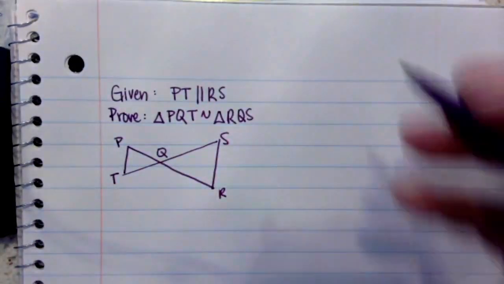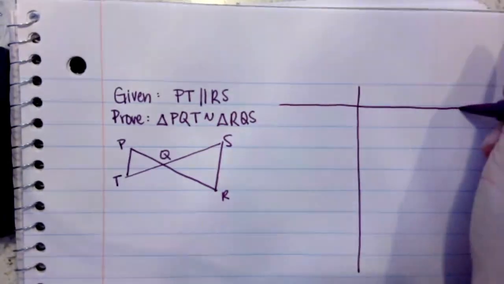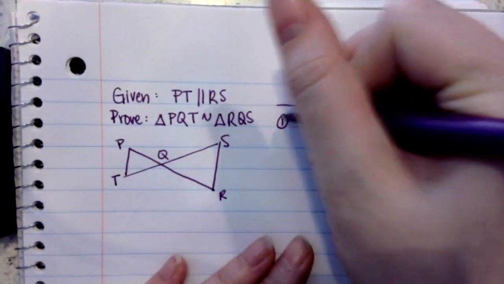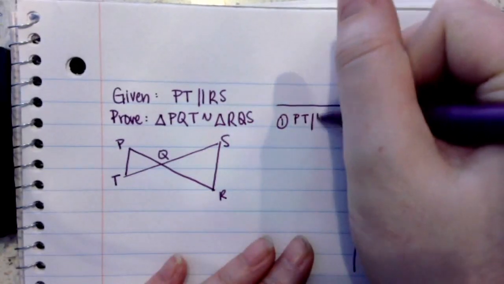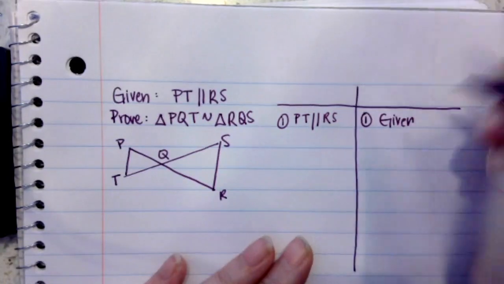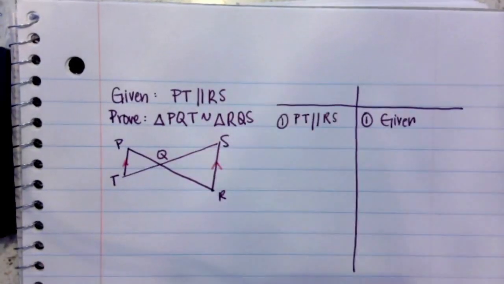And so we are going to start our proof with our given information. So number 1 is that PT is parallel to RS, and that was given. And I'm going to draw in my symbols for parallel, those little arrows.